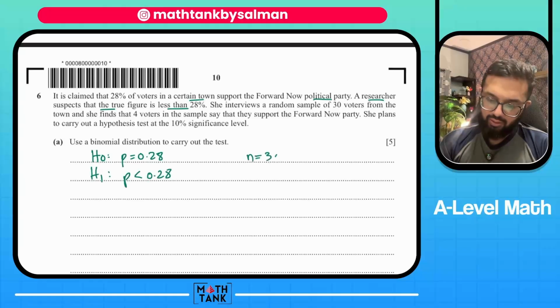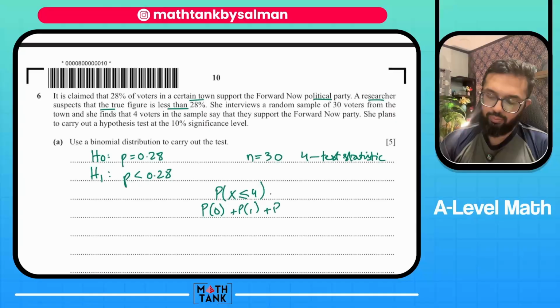Random sample of 30. 4 is the test statistic. So I will calculate the probability of x less than or equal to 4. So 0, 1, 2, 3 and 4, 30C0, 0.28 to the power of 0.